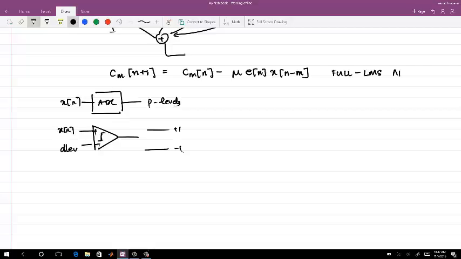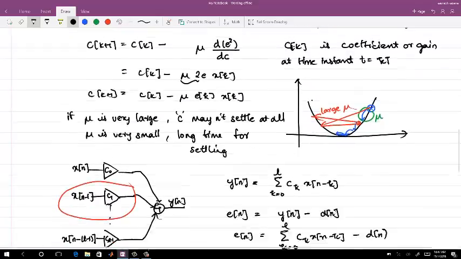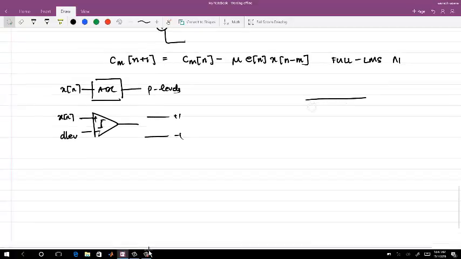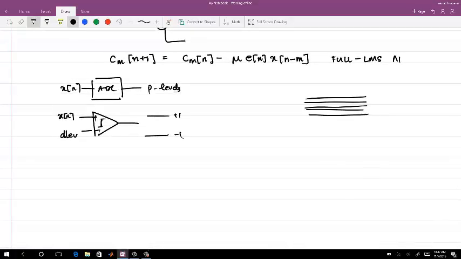So in order to measure error, let me plot it here again. I have many of these x of n here, and I have the desired signal. My error can span anywhere between this and this in a real sense. But by doing this comparison, I only say that my error is either this or this.